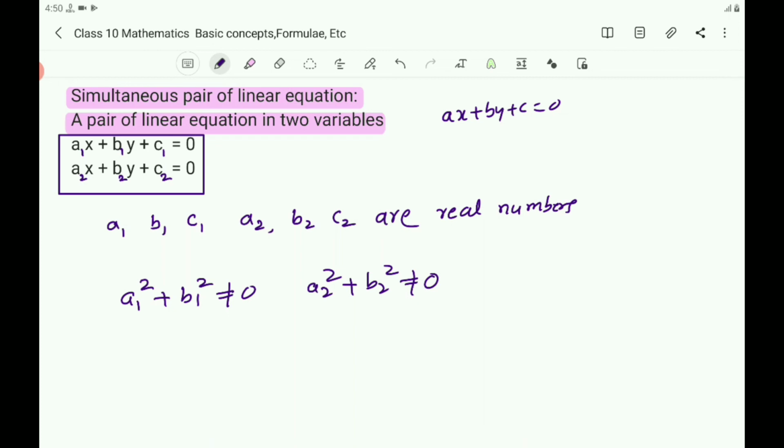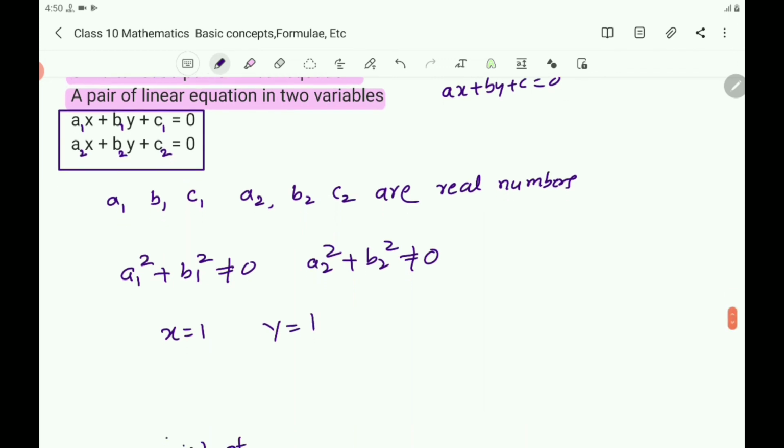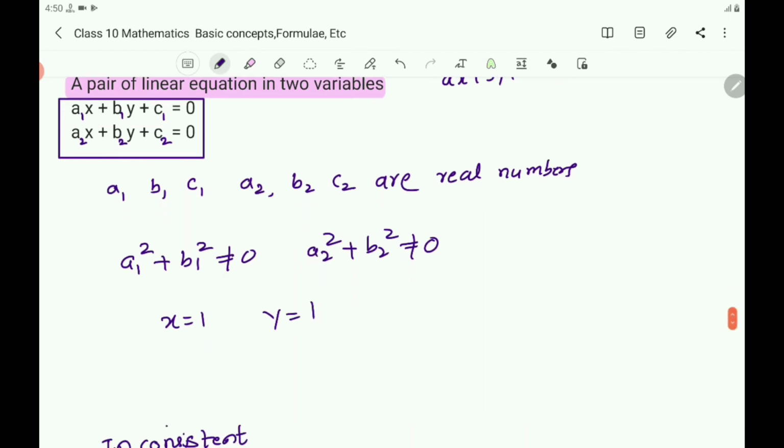The solution of a pair of linear equations in two variables x and y is a pair of values of x and y which satisfies both sides of each equation of the given pair. For example, x equals 1, y equals 1 is the solution of the pair of equations x plus y equals 2 and 2x plus 3y equals 5.